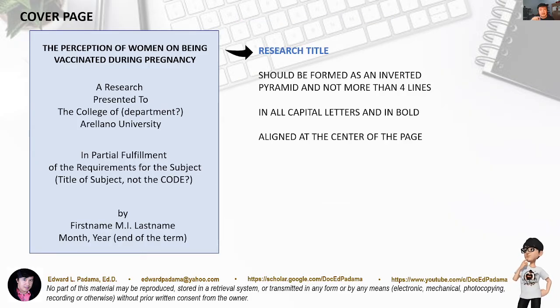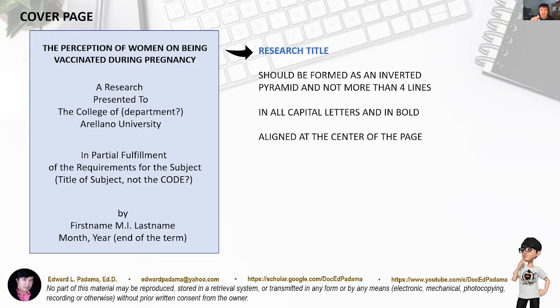The next part would be the research title. The research title is located on the upper part. So what you see in the example is explained on the right side under the research title. Try to look at the example and then at the instructions on the right side.